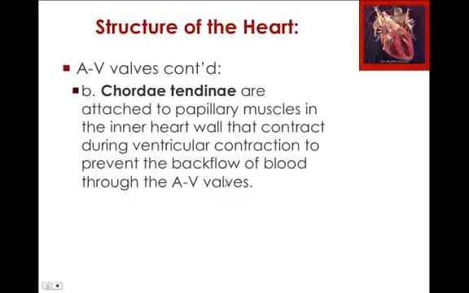As the ventricles are contracting, we don't want to push blood back into the atria because that would be very inefficient, since the atria just contracted to push blood into the ventricles. So when the ventricles contract, these papillary muscles will contract as well, and basically close up those valves so that blood can't flow backwards from the ventricles to the atria. That's the purpose of the AV valves.